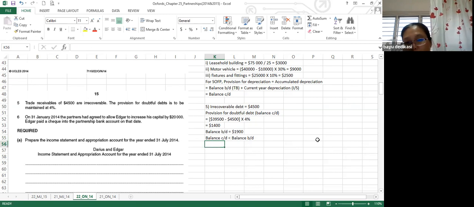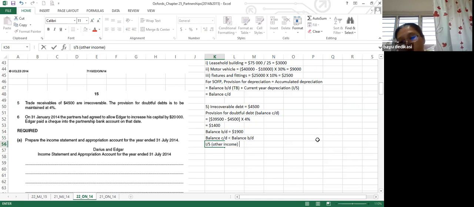Okay, so in this case, in your income statement, you have other income, which is taking your 1,009 minus your 1,004, which is this one.